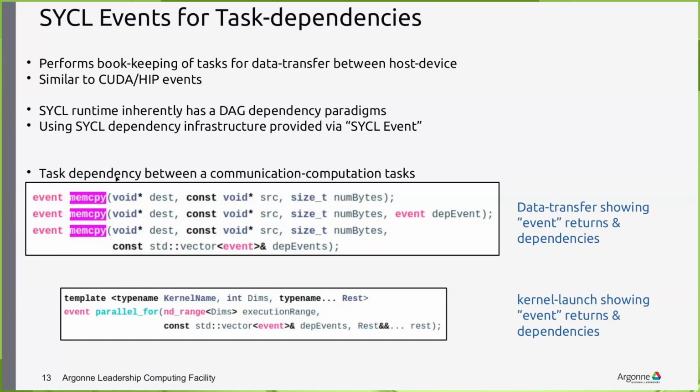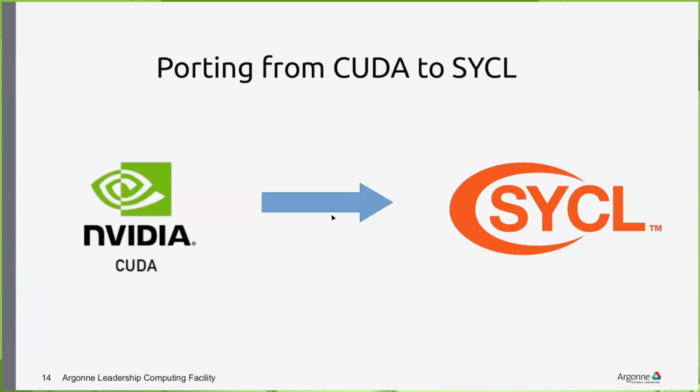I just showed you the APIs for data transfers. This is a memcpy, which can be between host and device, or it can be a kernel launch, which is shown here, parallel_for. As you can see, event is the return type. Using this event, you can keep track of whether the particular operation that you've just submitted via the queue is finished or not. It's the same as CUDA events.